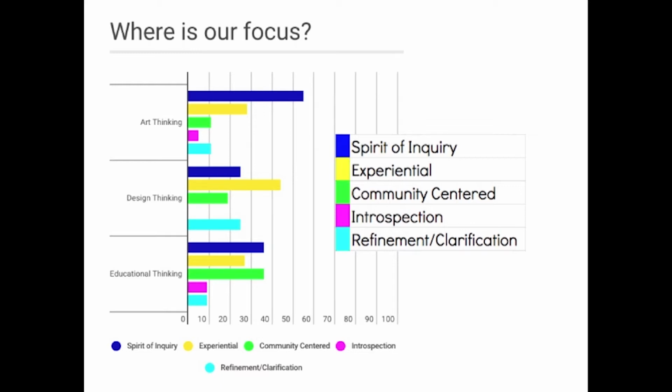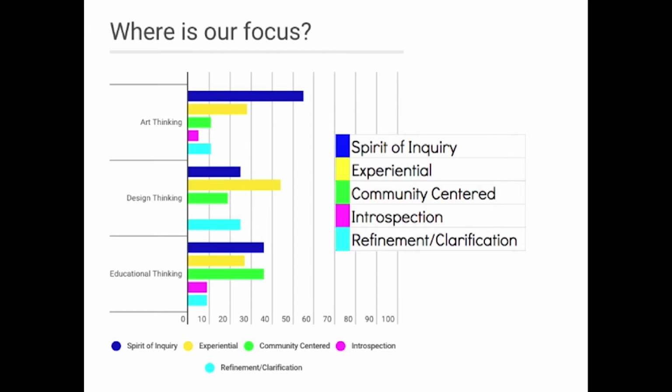I know I get a lot of questioning about why are my students writing so much? Shouldn't they just be making and drawing and doing? And as an art teacher, we all know that there's a balance that is needed. So this is really focused on the experiential being secondary to the spirit of inquiry. Then you have community-centeredness, refinement, clarification, that editing process, and then the introspective process.